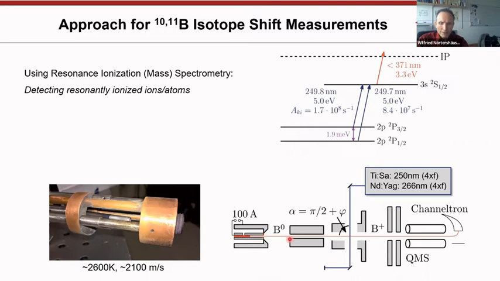We had an aperture here in order to limit the transversal dispersion. Then the atoms enter an ionization region where they are superimposed with the resonant laser and the ionization laser. We create boron plus ions, which are then mass analyzed with a quadrupole mass spectrometer and detected by a channeltron.